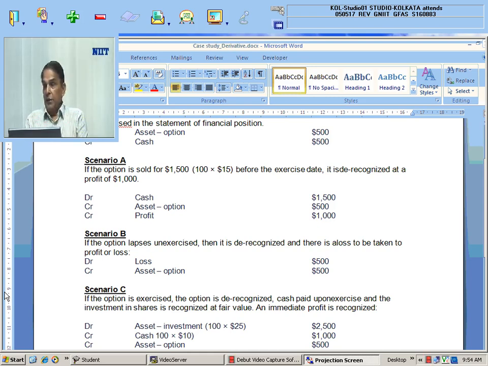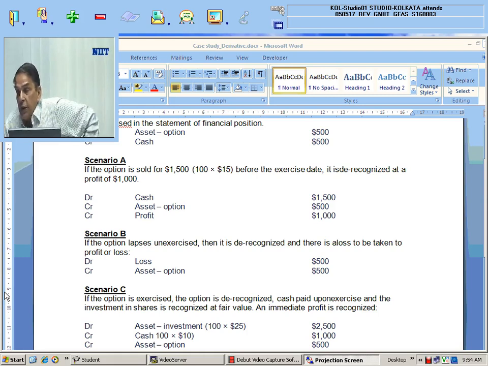Shubham Jindal, I am asking you this question. Now, by exercising your right to buy 100 shares of CDPLC at $10, you are making an investment in those shares. How much are you paying for the investment? Under the contract you are required to pay only $10 per share, so you pay $1,000.